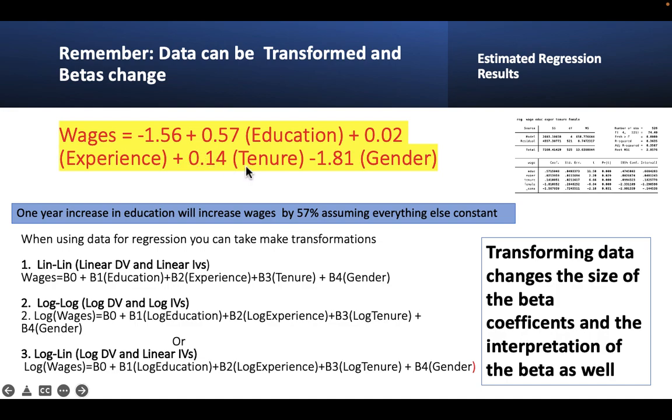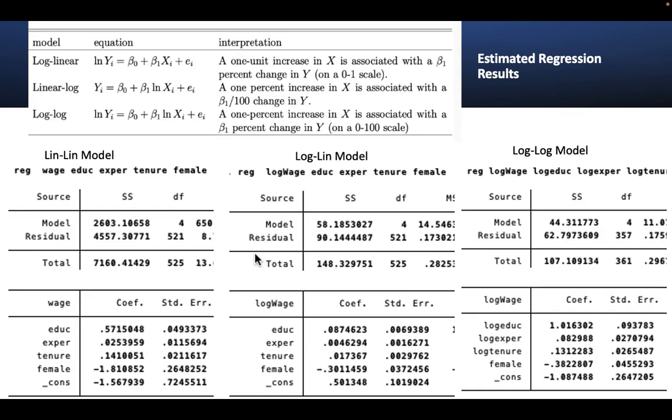However, when you take logs, the beta would be interpreted in terms of percentages. For example, see this slide over here: I've estimated the model as a linear model. Then I've estimated it as a log dependent variable, and the remaining are linear, so a log lin model, and then I've estimated the log model as well.